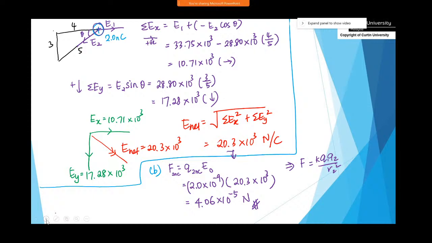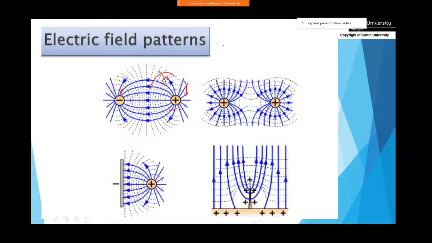Okay, so we shall move on to see the electric field pattern. So electric field is always going out from positive charge, like this. And if let's say you have a neighboring negative charge here, then this positive direction of electric field will go all the way into your negative field.